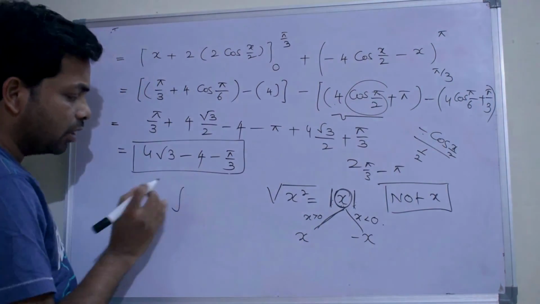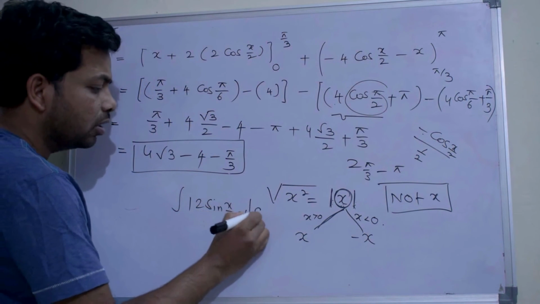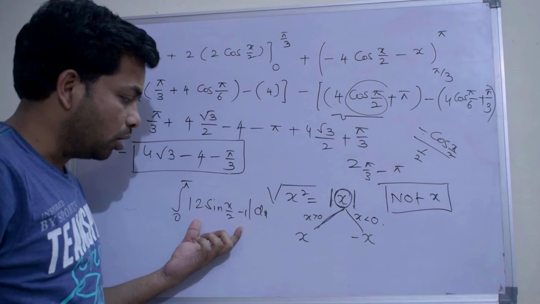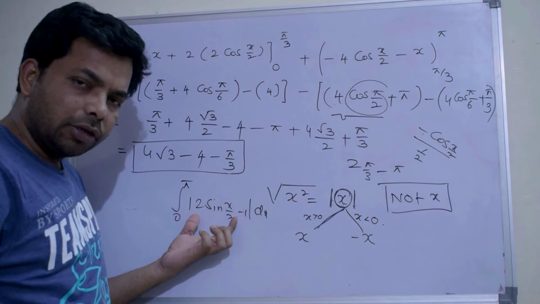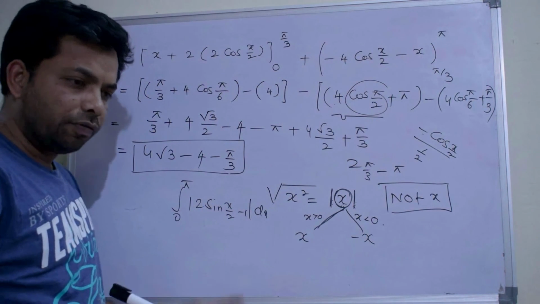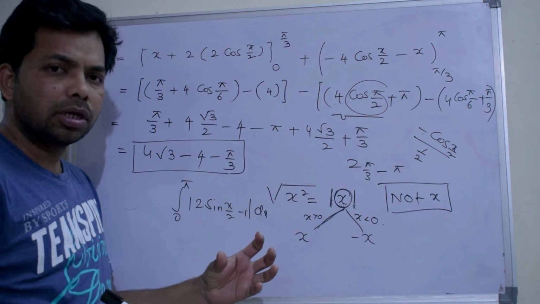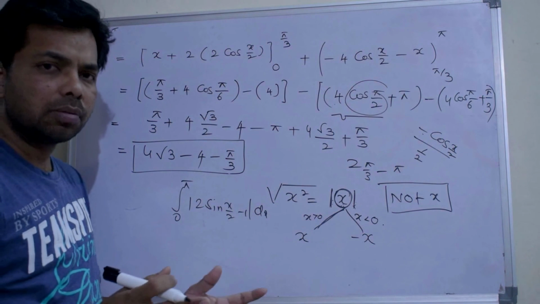So what do we have in the problem? Modulus of 2 sin x by 2 minus 1 dx, with interval 0 to pi. So here we have mod. When it becomes positive and when it becomes negative, you have to decide first. Where it is positive, in that region you have to do the integration separately, and where it is negative, for that part also you have to do the integration separately.